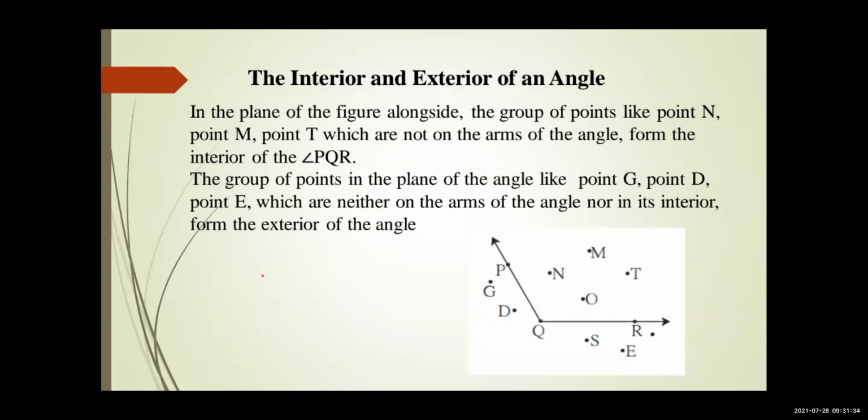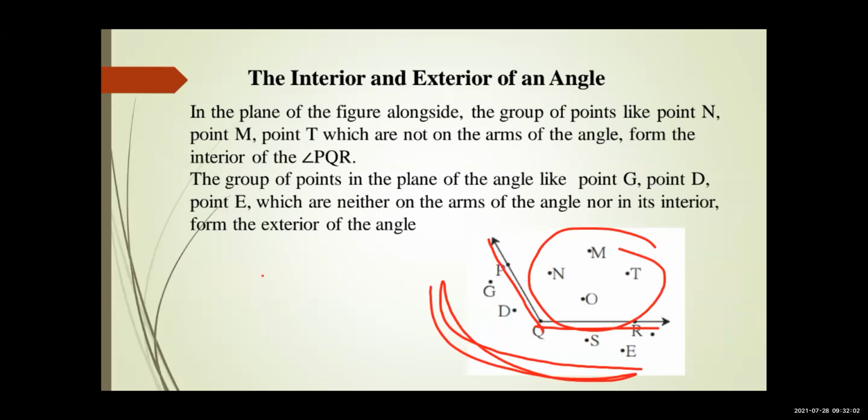This is the figure of angle PQR. Interior means inside the angle, and exterior means the part outside the angle. So the interior points are point N, point M, point T and point O. These four points are the interior points of the angle.